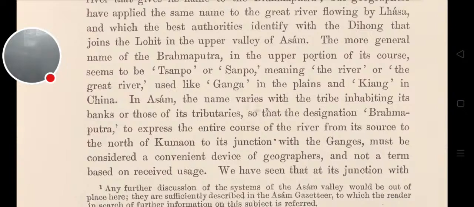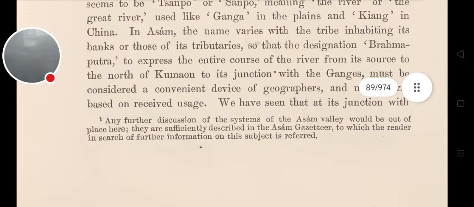In Assam, the name varies with the tribe inhabiting its banks or those of its tributaries, so that the designation Brahmaputra to express the entire course of the river from its source to the north of Kumaon to its junction with the Ganges must be considered a convenient device of geographers and not a term based on received usage.